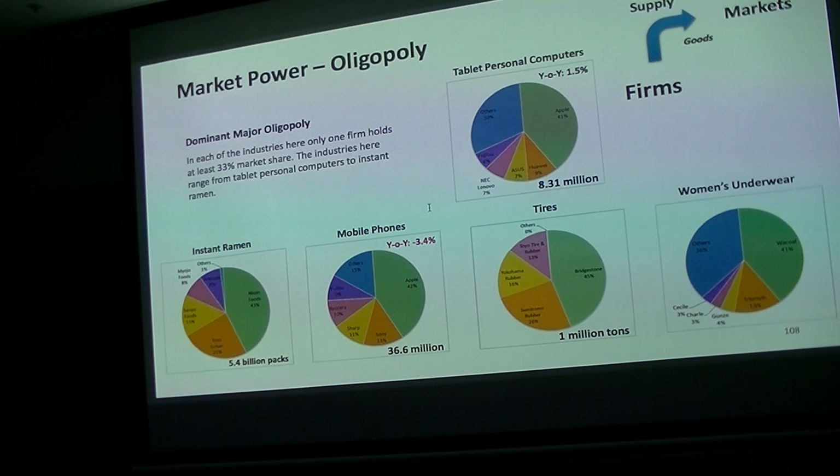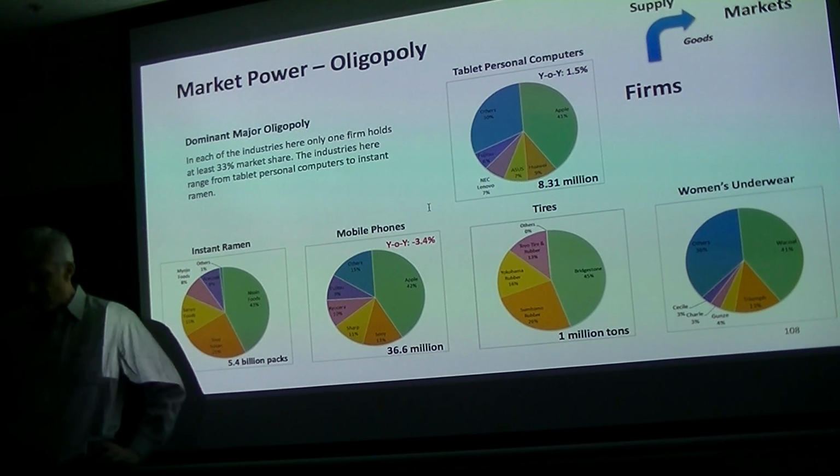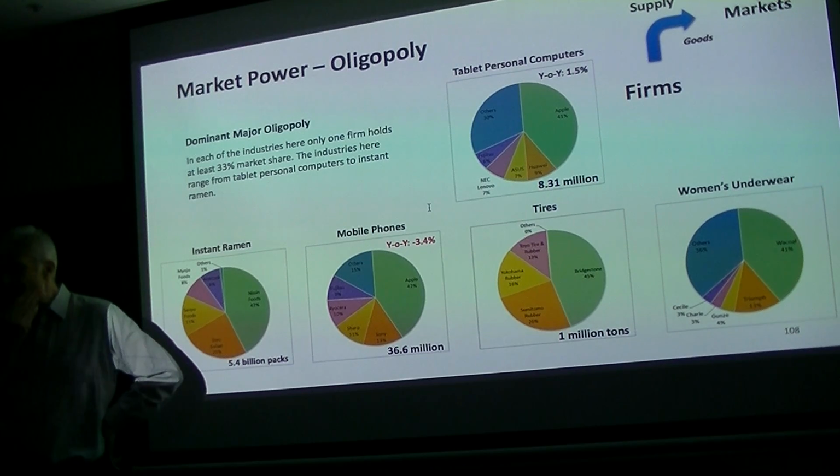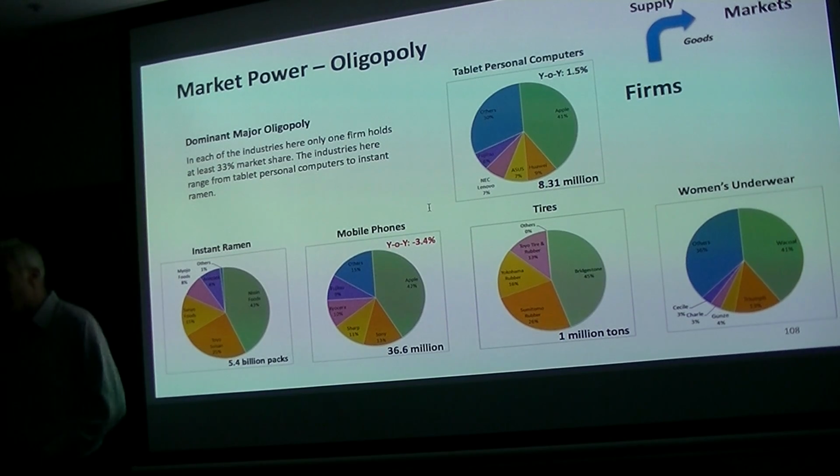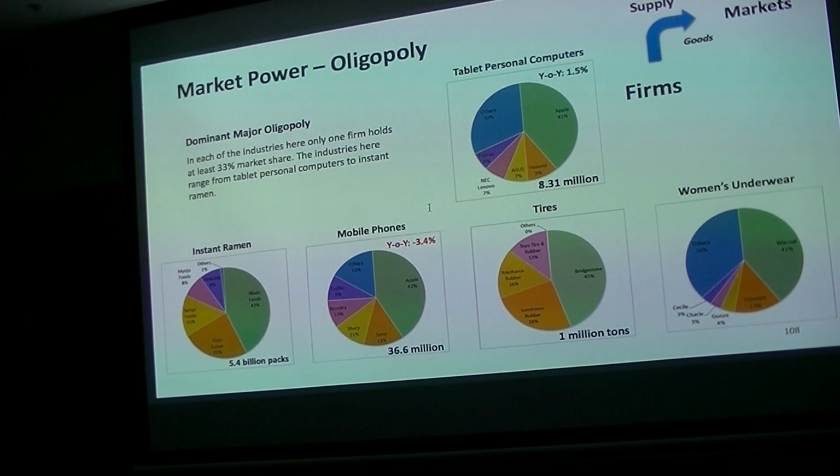I don't know, is that the individual packs? At any rate, that's instant, so that would be individual packs. That's like the average consumes one pack of instant ramen every 10 days.